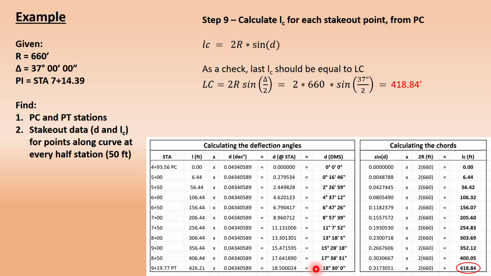So we just verified that our deflection angle is equal to 1/2 delta, and now our chord distance should also be equal to the long chord if we calculated it a different way. And last week we learned that the long chord is equal to 2 times the radius times the sine of delta over 2, or 2 times 660 times the sine of 37 over 2. That would equal 418.84 feet, and it does agree. So we did our math right.